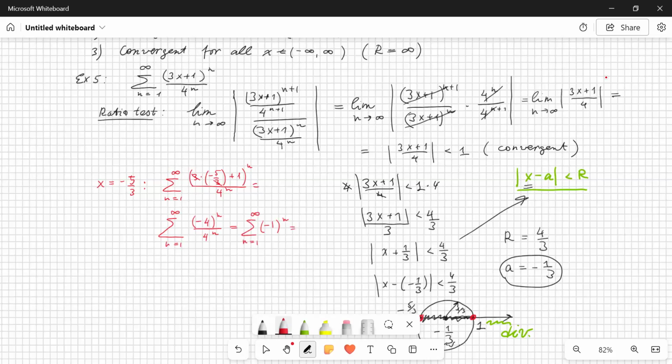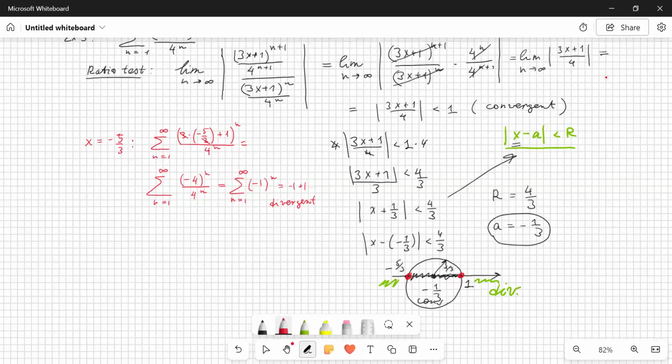You know what this is? This is going to be minus 1 plus 1 minus 1 plus 1. We already know that a series like this is divergent because the sequence of partial sums is not converging. It's going to be alternating between 0 and 1. So at this endpoint it is divergent.